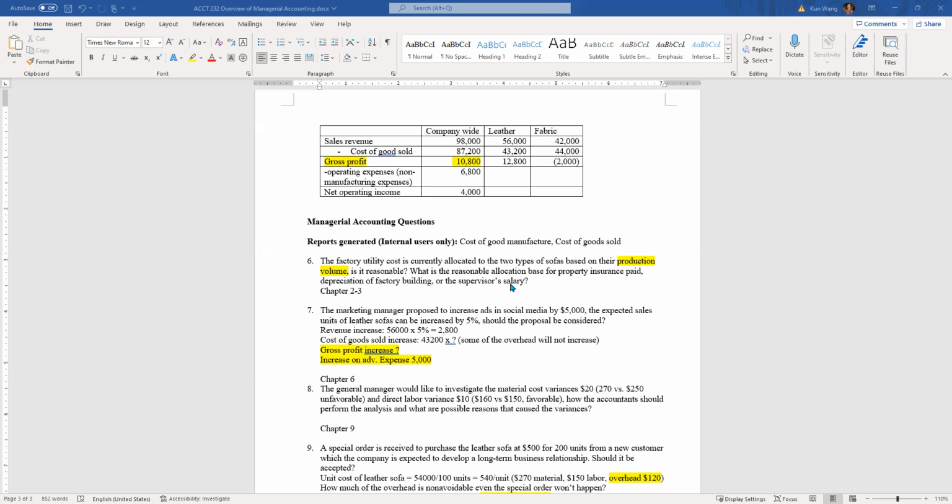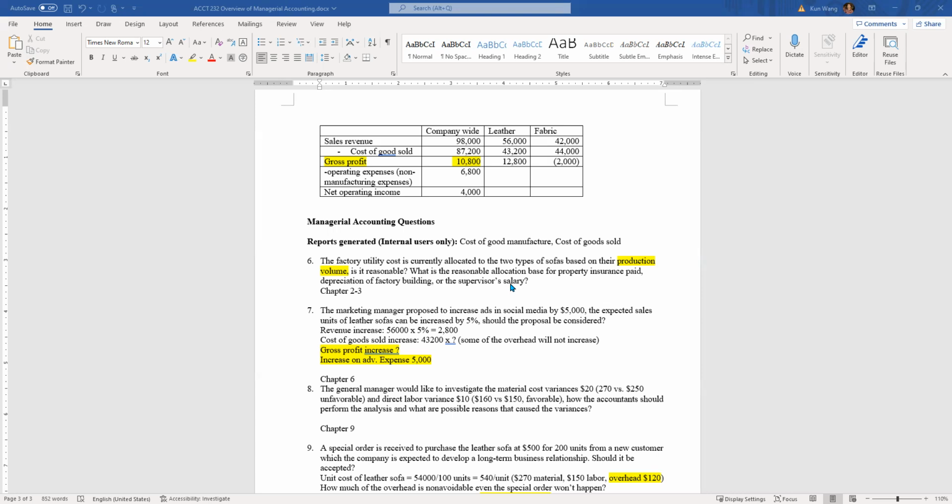How can we find a reasonable allocation base to break down this cost into the products or departments? In this question, I let you know we can use the production volume, meaning the more units you made, the more overhead they will get.